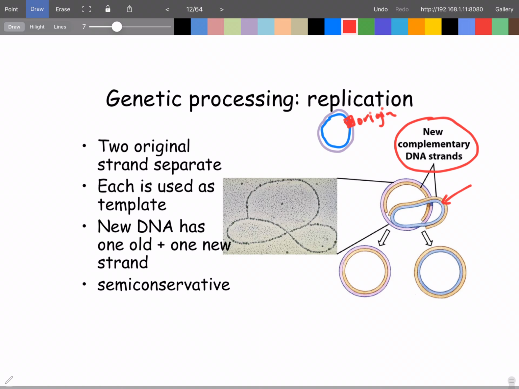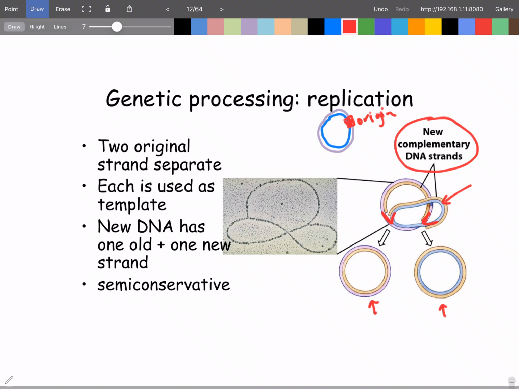And so replication is actually proceeding, like I said, in two directions. It's occurring here, right, as the DNA is unzipped, and it's also occurring over here. So there's two replication, and we call them forks, okay? So when this process ends, we have the purple strand served as a template for a daughter strand of DNA that's in beige.